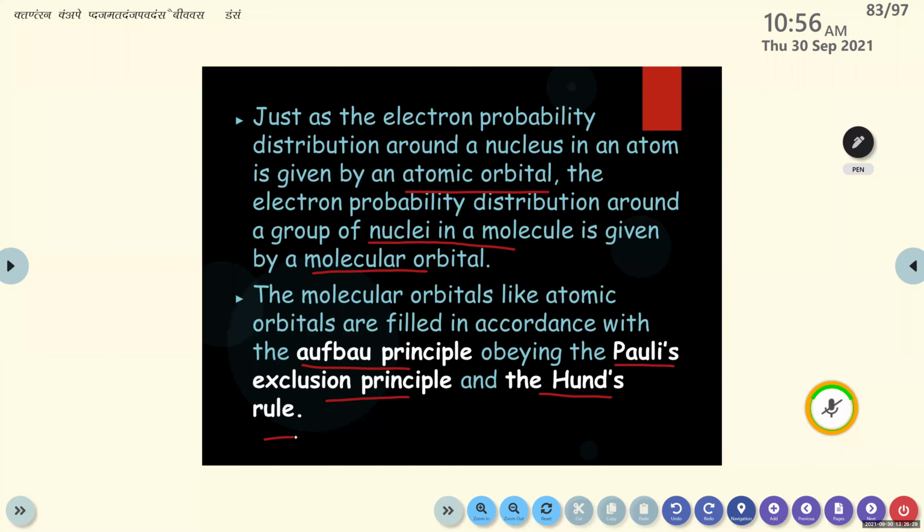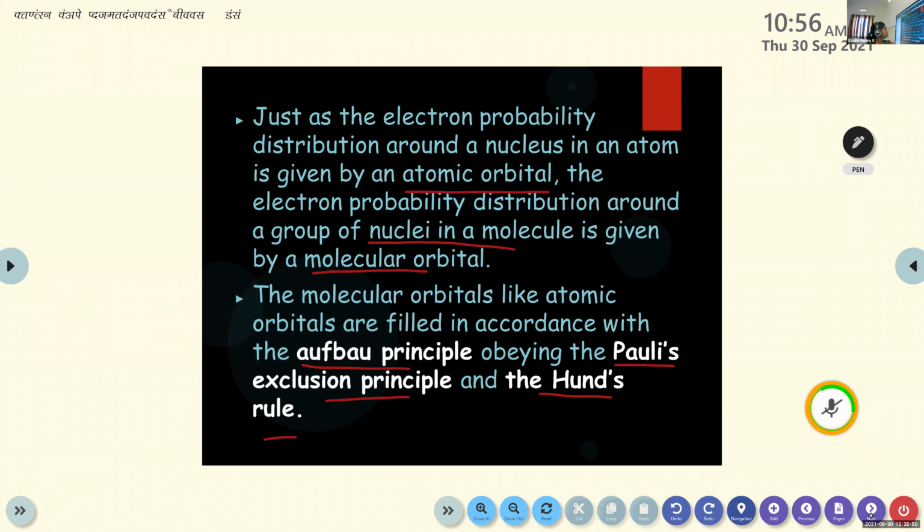The molecular orbitals, like atomic orbitals, are filled in accordance with the Aufbau principle, obeying the Pauli's exclusion principle and the Hund's rule. Okay, Hund's rule. So these are the main features of this molecular orbital theory or MO theory.